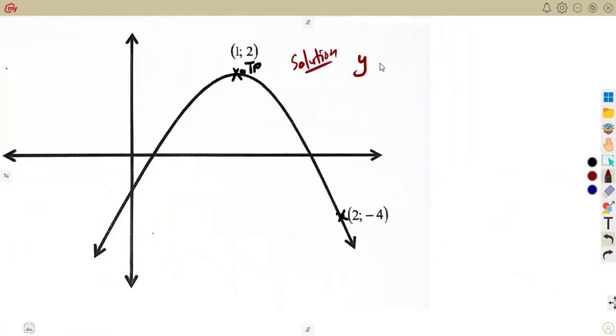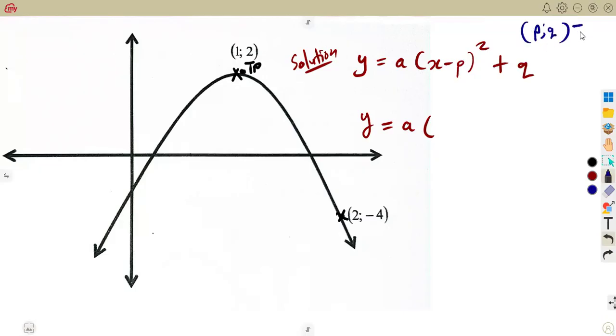Remember that y is equal to a into (x minus p) squared plus q. From this condition, (p, q) will be our turning point. So what is our turning point? Our turning point is given as (1, 2).